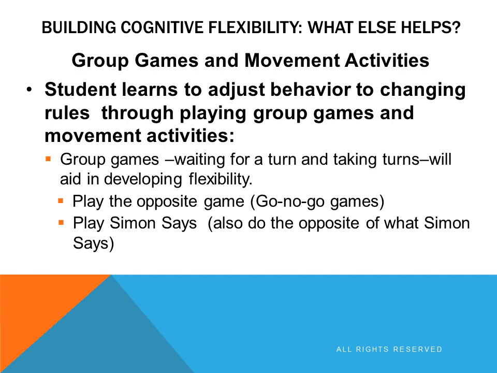So there are a variety of ways you can adjust. I'm sure you can come up with many creative ways when you are playing games to teach children how to wait their turns. And one of the things, go, no-go, that I mentioned earlier, is playing the opposite game. You can do it a couple of ways.